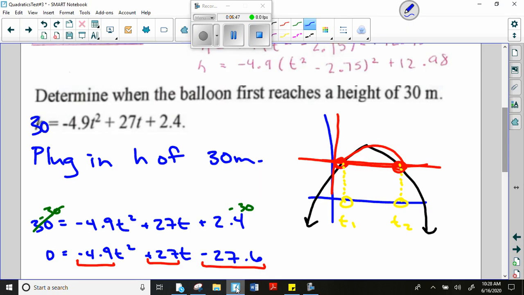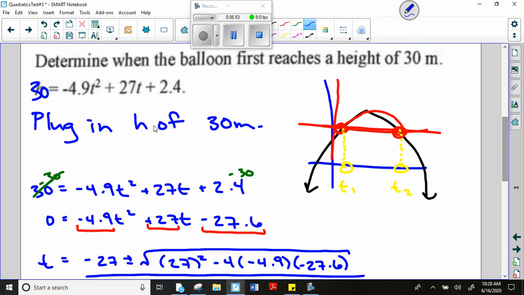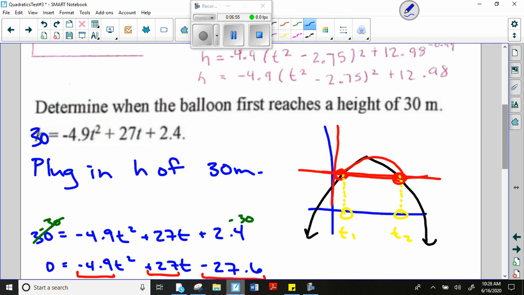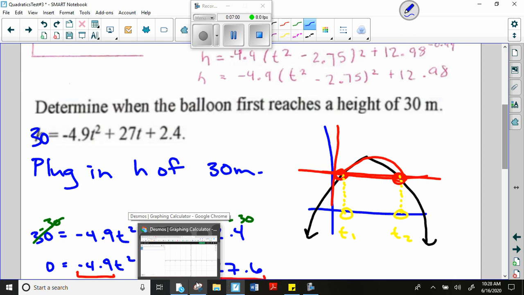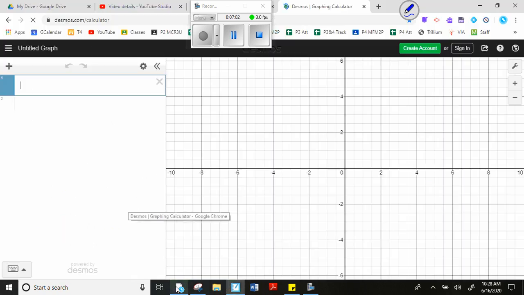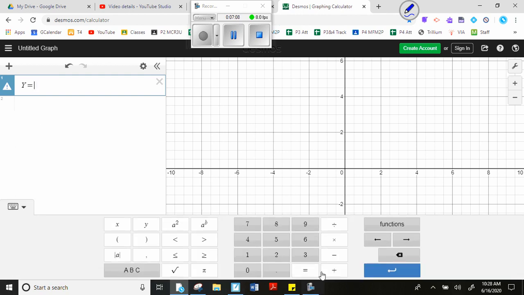Negative 4.9, 27, 2.4. Megan? Oh no. Positive 2.4. Okay, wait for it. 4.9, 27, 2.4. Y equals negative 4.9 t squared plus 27t plus 2.4.